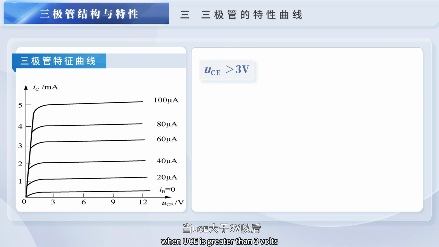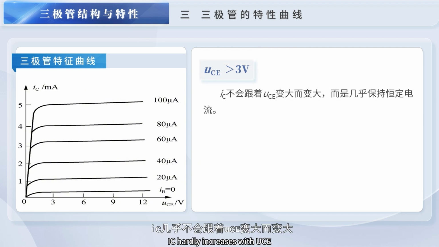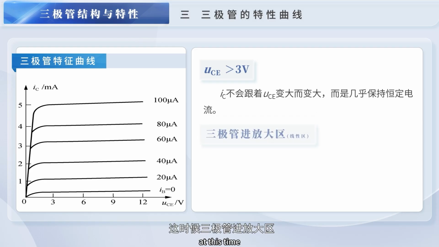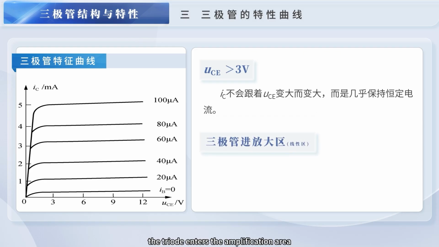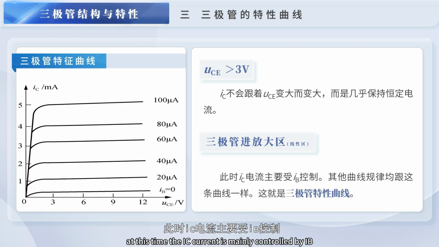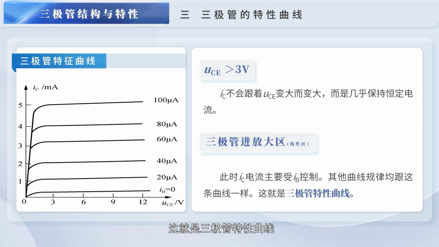When UCE is greater than 3 volts, IC hardly increases with UCE, but remains almost constant. At this time, the triode enters the amplification area, also called the linear region. At this time, the IC current is mainly controlled by IB. Other curves follow the same law as this curve. This is the characteristic curve of the triode.